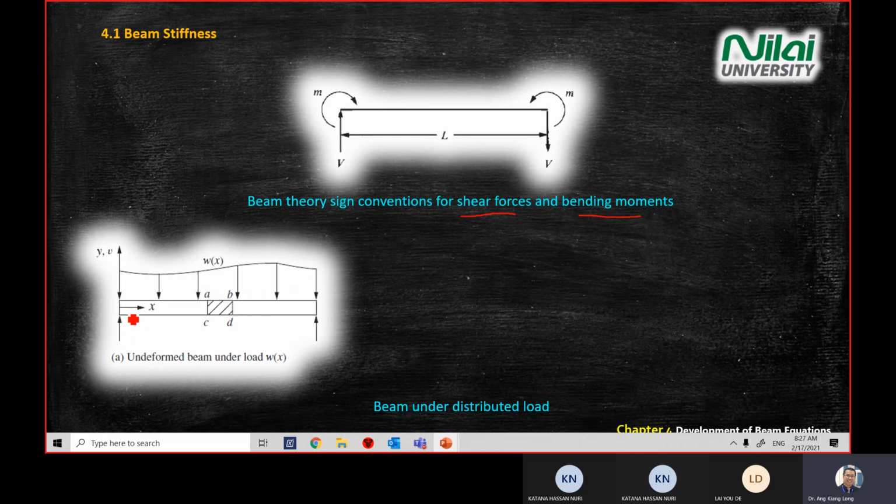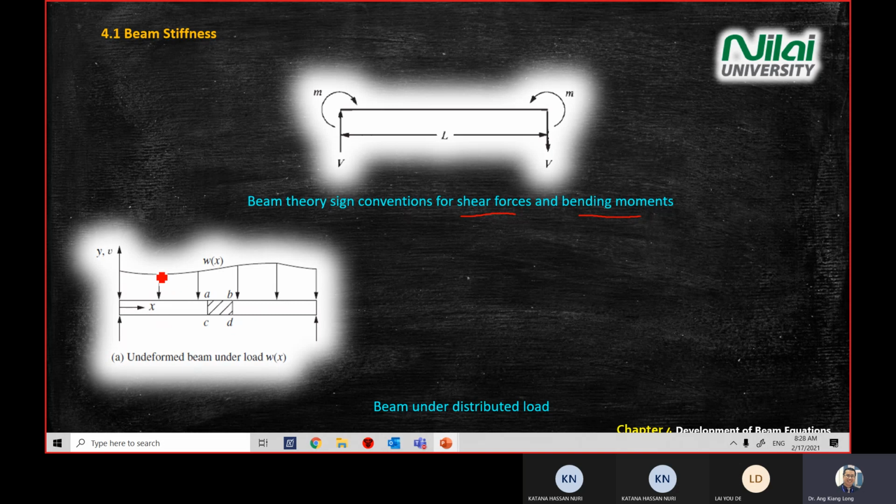So when you have a beam and we have a distributed load on top of the beam, and you have a 2D case here where you look at element A, B, C, D. Let's say you have a support on both sides, so you have a force going up, a force going up.